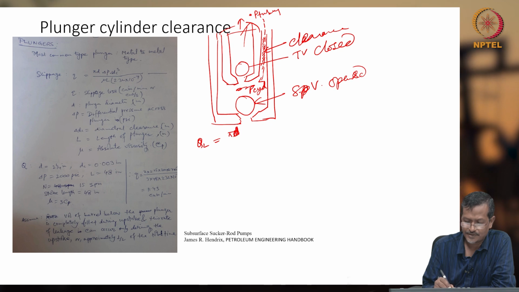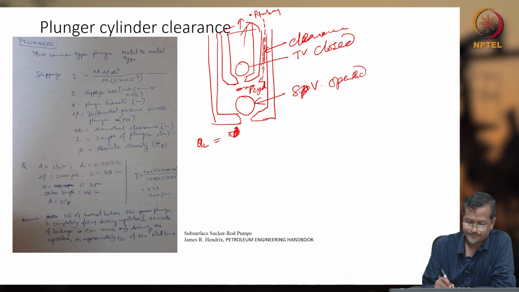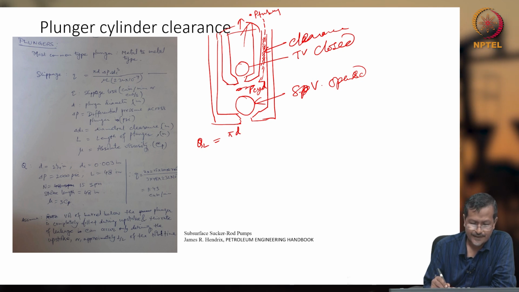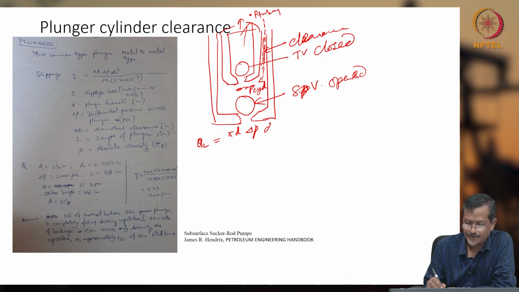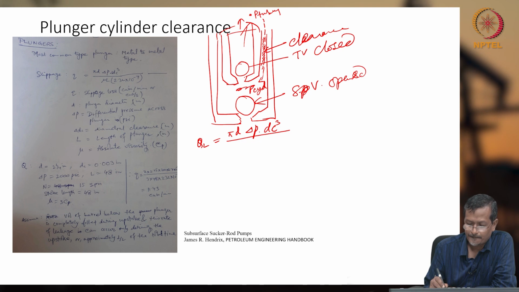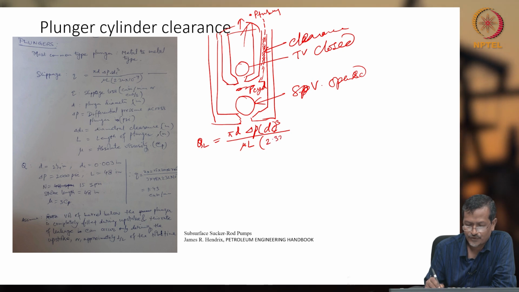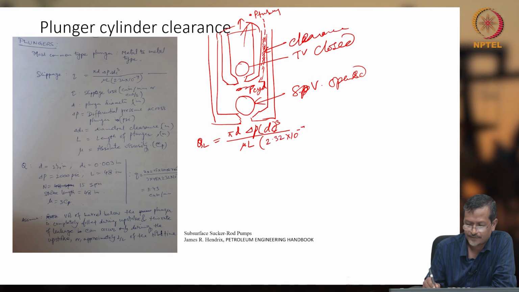Pi D, where D means plunger diameter, pi D del P and DC cube divided by mu L into some conversion factor, 2.32 into 10 power minus 7.